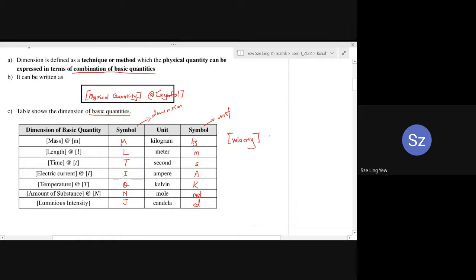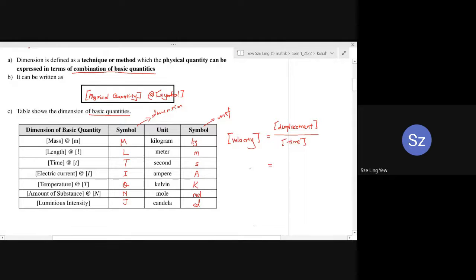So the dimension of velocity is equal to, square bracket again, displacement over time. Displacement is a type of length. The equation, you put it in the square bracket, and then you change it into its symbol.